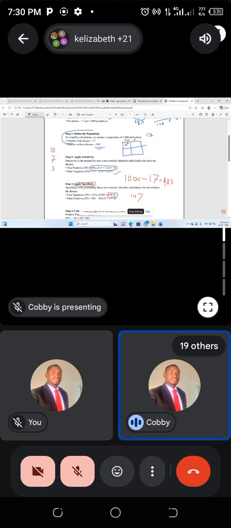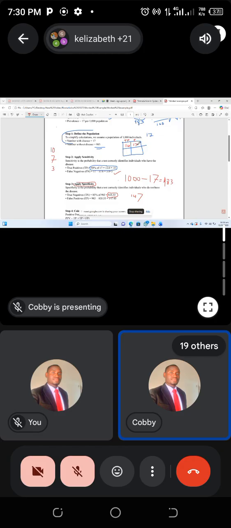So the true positives are 14. Then the false positives are what? 147, right?